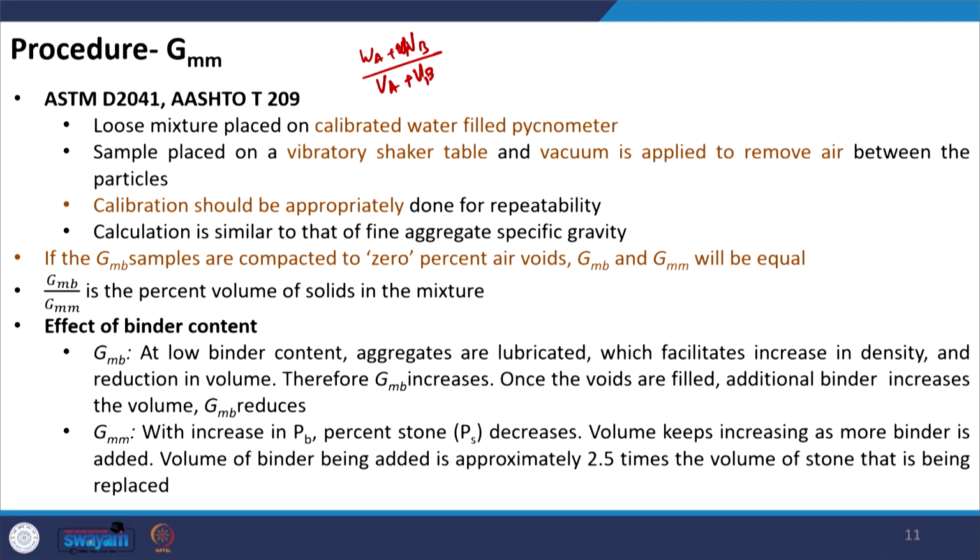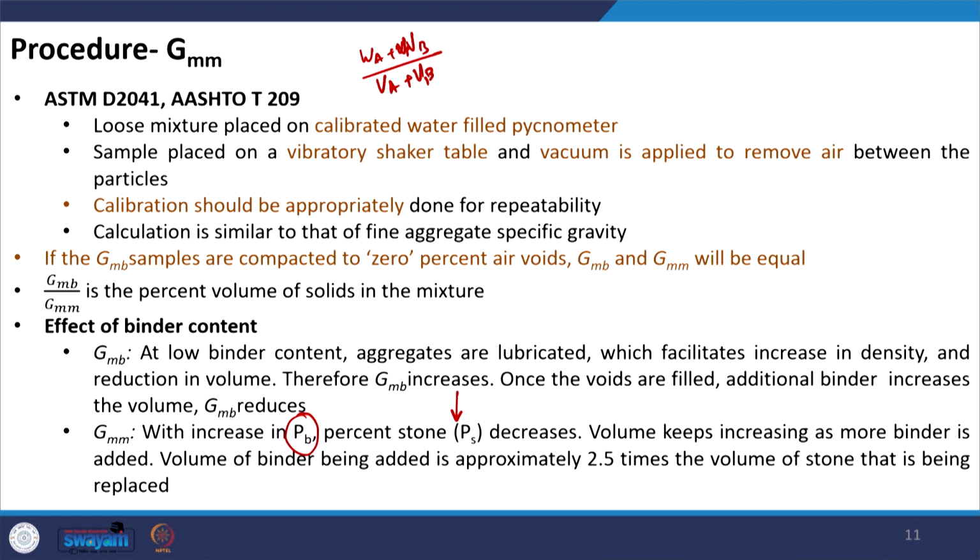So, what happens with increase in PB, here PB represent the percentage of binder. So, of course, if you see the total volume, the more you increase PB, the percentage stone will reduce. If I am considering that PB plus PS is basically 100%, so if I keep on increasing the percentage of binder, the relative percentage of stone will start reducing, okay.